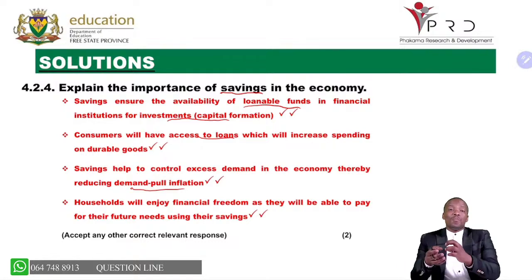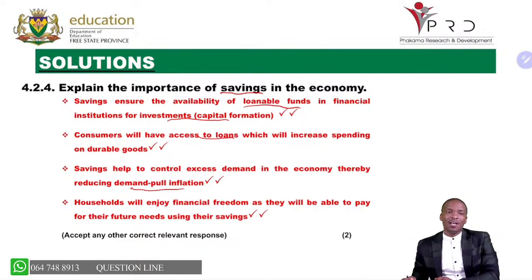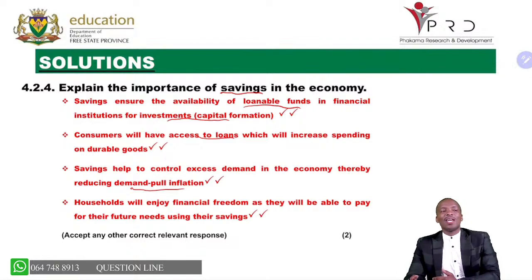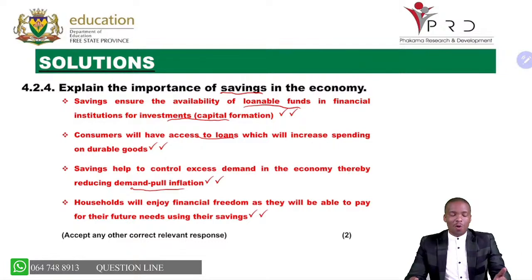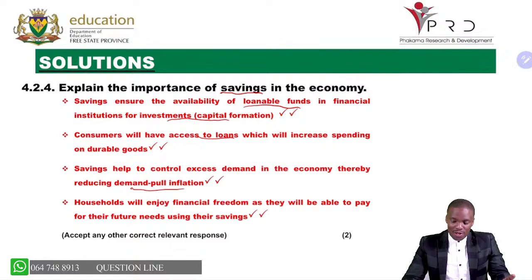But if most of people's income is used on savings, then demand for goods and services decreases, and therefore we reduce demand-pull inflation. Then also it allows us to create wealth, where we will be enjoying financial freedom later with the money that we have saved.